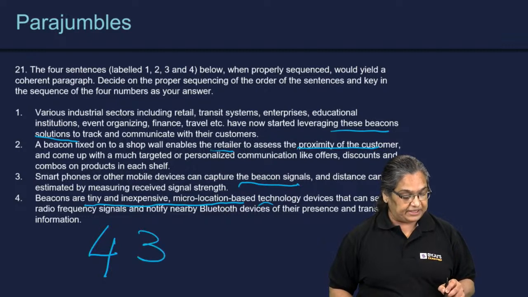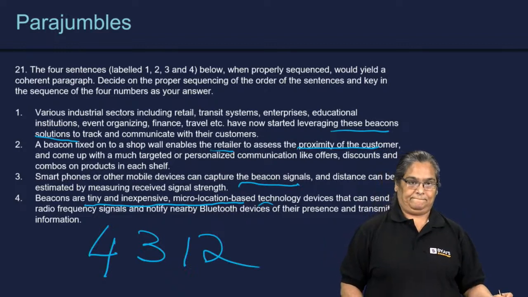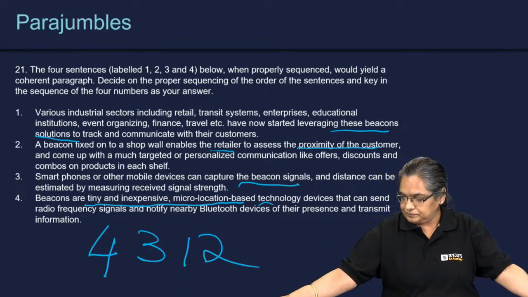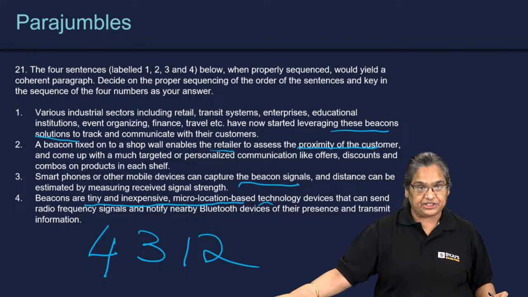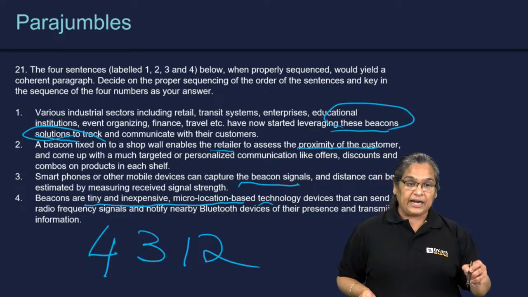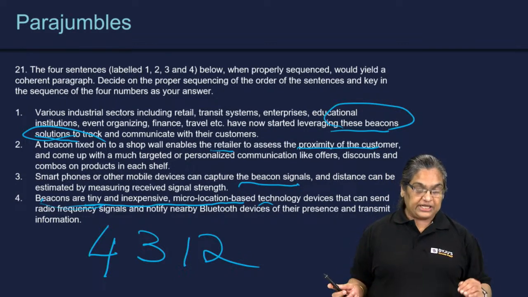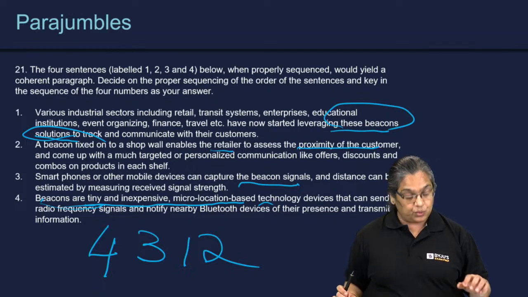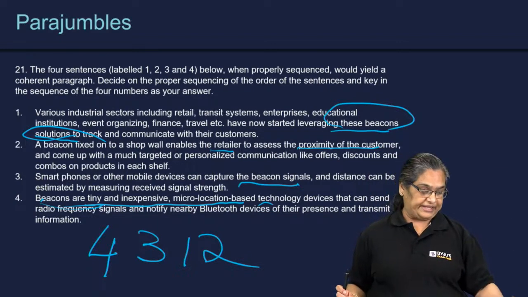Smartphones can capture beacon signals, various industries, right? 4312. All right. These signals, Sachin, how did you get that wrong? These beacon solutions. You can't have these beacon solutions before you read about beacons, right? So 4 tells you what are beacons, 3 tells you how smartphones can capture the signals, 1 tells you there are various shops which do this, and then 2 ends it.